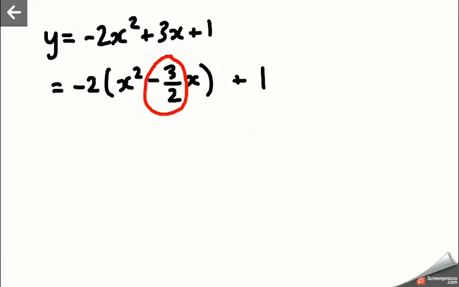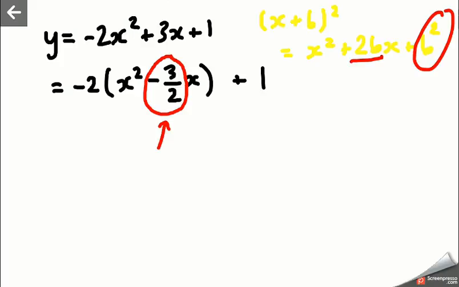Remember, if we've got (x plus b) squared, this is going to be x squared plus 2bx plus b squared. Well, that's why we're dividing the middle term by 2 here and then squaring that, because our -3 over 2 is actually 2b in this example. So that's what's going on here.